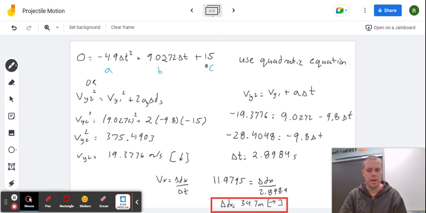We either use the quadratic equation to get the time, and then we can get the same answer down here, Vx equals dx over t. Or instead of using the quadratic equation, we find Vy2, and we use Vy2 in a different kinematics equation to find time. Both of these get you the right answer. It's completely up to you which one works better for you.